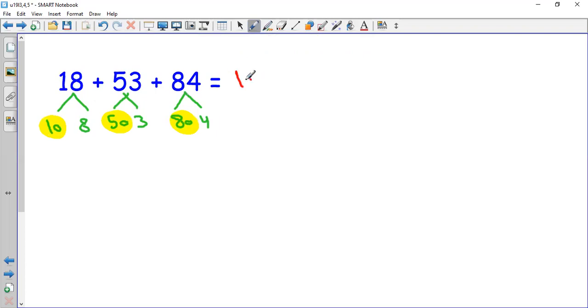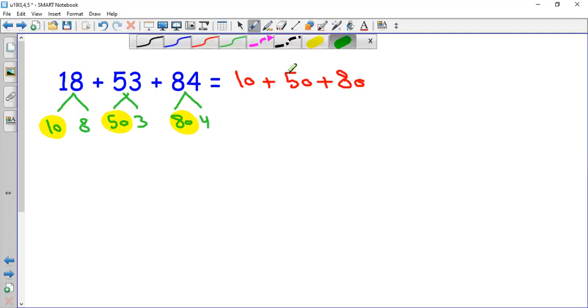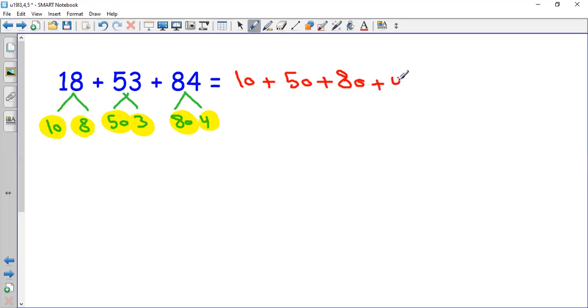I will write 10 plus 50 plus 80. And I have ones here: 4, 3, and 8. So I will write plus 4 plus 3 plus 8.